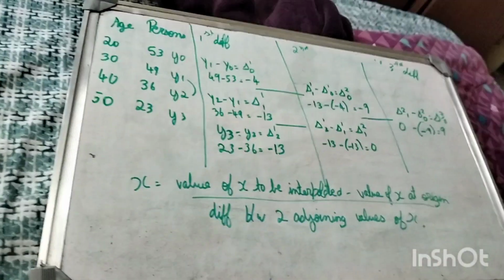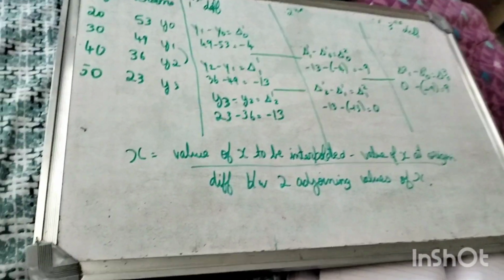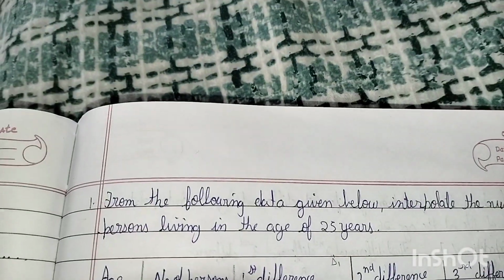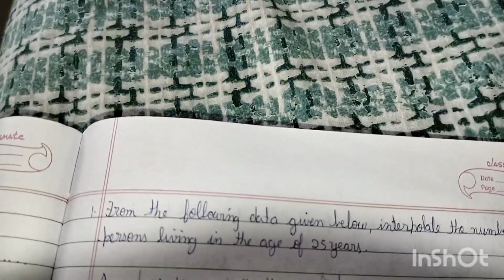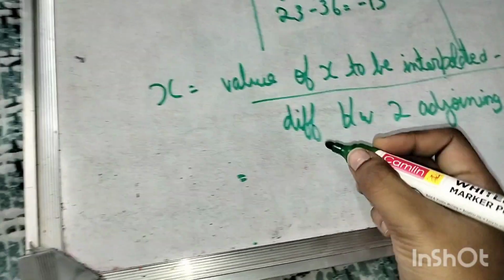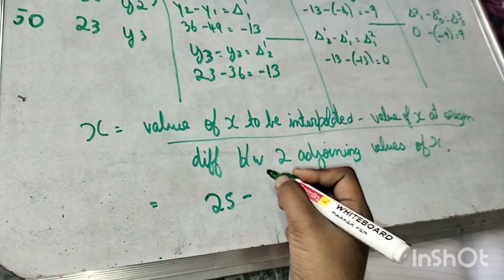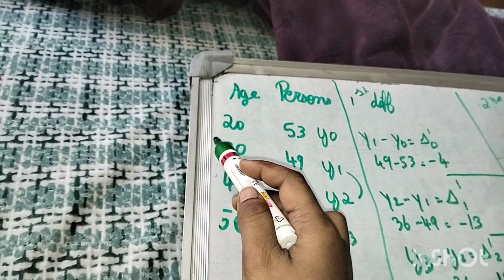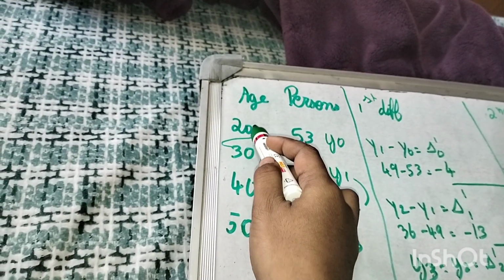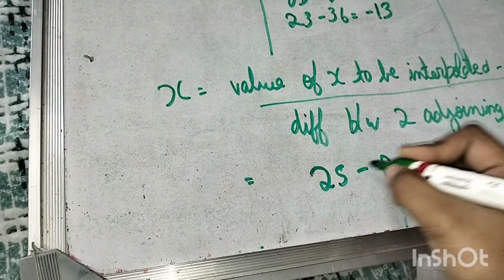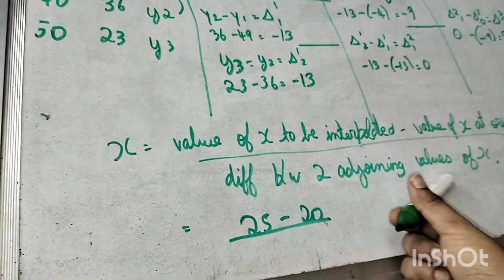So the value of x to be interpolated, they have asked us in the question, is the age of 25 years. So that's the value of x that we should interpolate. So that is 25 minus the value of x at the origin. Origin is nothing but 20. 25 minus 20 divided by the difference between two adjoining values of x.